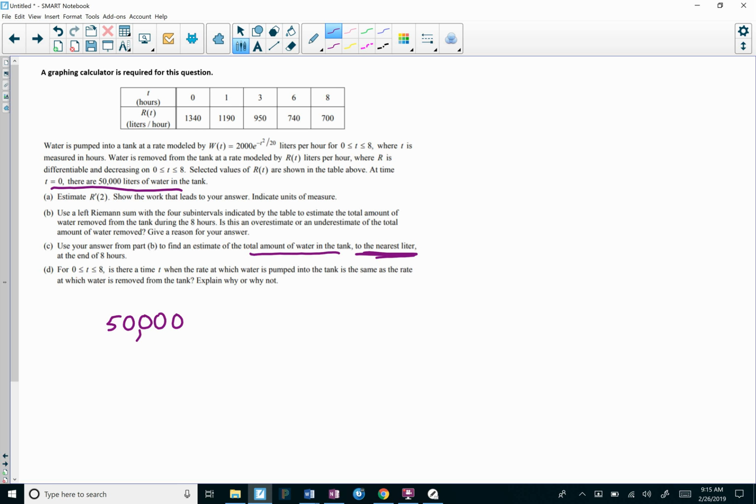Okay, now we've got stuff going in and going out. So we've got stuff going out, which is what we did. So that would be minus the integral of r of t dt from 0 to 8. And then we're adding stuff in, and that's where your W comes into play. It's where you're pumping it into the tank. 0 to 8, W of t dt.